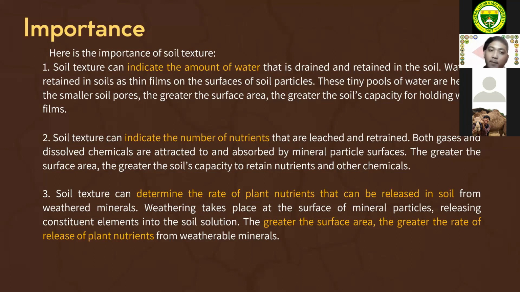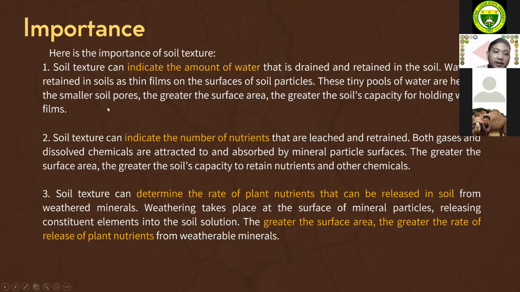Gases ang meron. Then ang naiiwan karaniwan, yung naiiwanan ng tubig is yung tinatawag nating micropores. Okay? Dapat yung texture natin dahil nga yung pore spaces can also be affected by texture. So, maapektuhan na din yung amount of water na meron sa lupa natin ng texture.